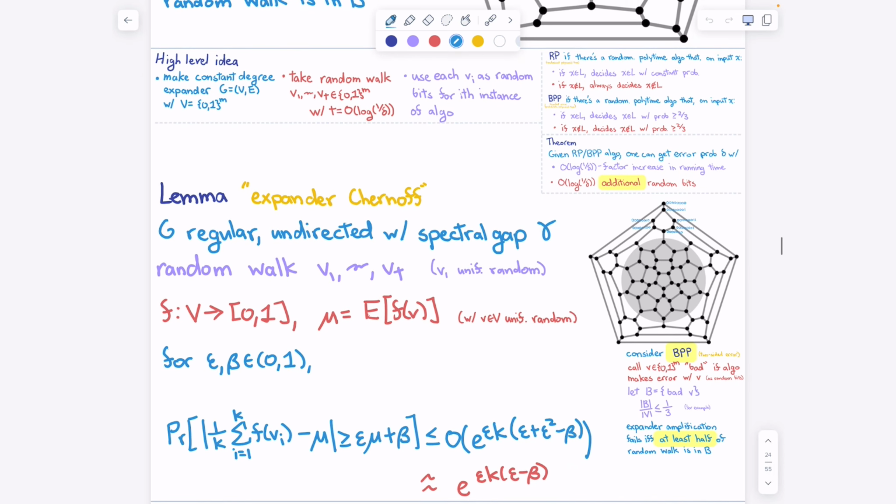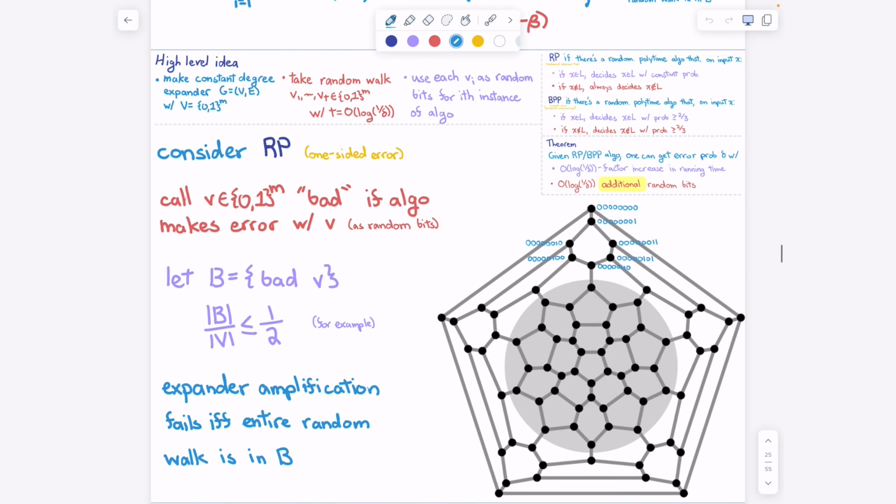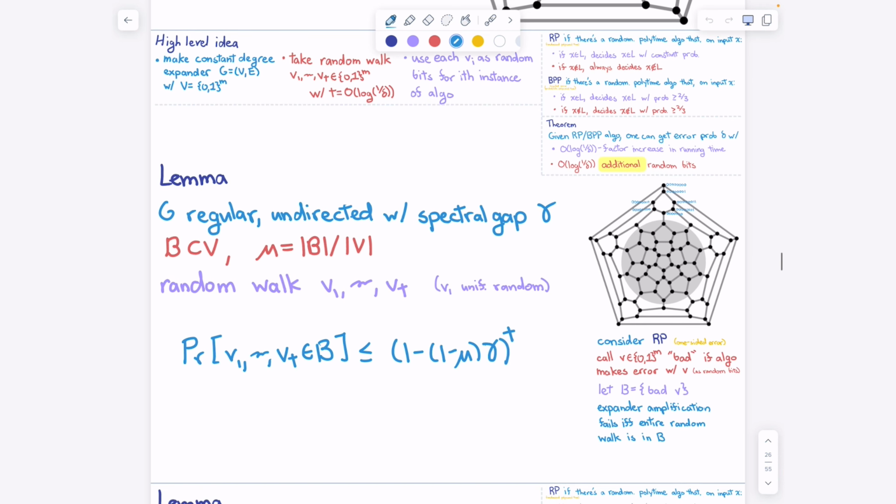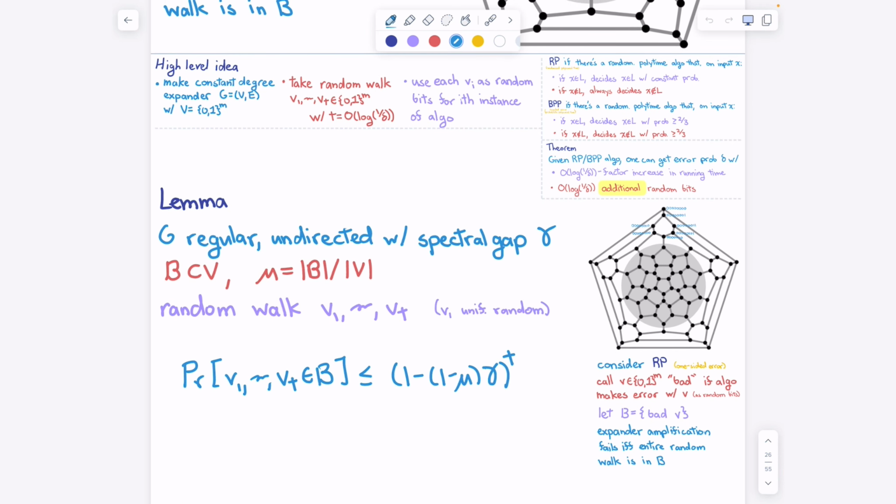I'll come back to this because this is what we're going to focus on. We're going to prove some kind of expander Chernoff thing, where there's some kind of concentration. Now, I'll just remind you what we did last time. For the RP one, what are the odds you always stay in the bad region? We just ended up doing the spectral analysis that we've been doing for a couple weeks now.